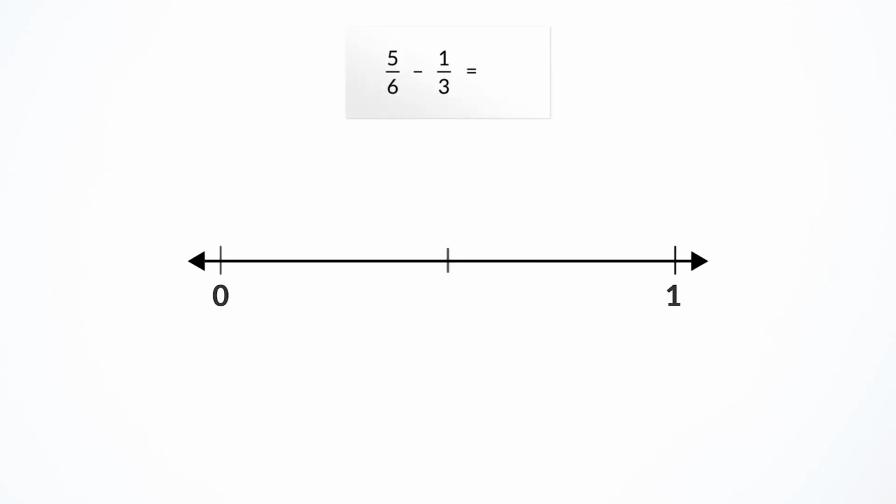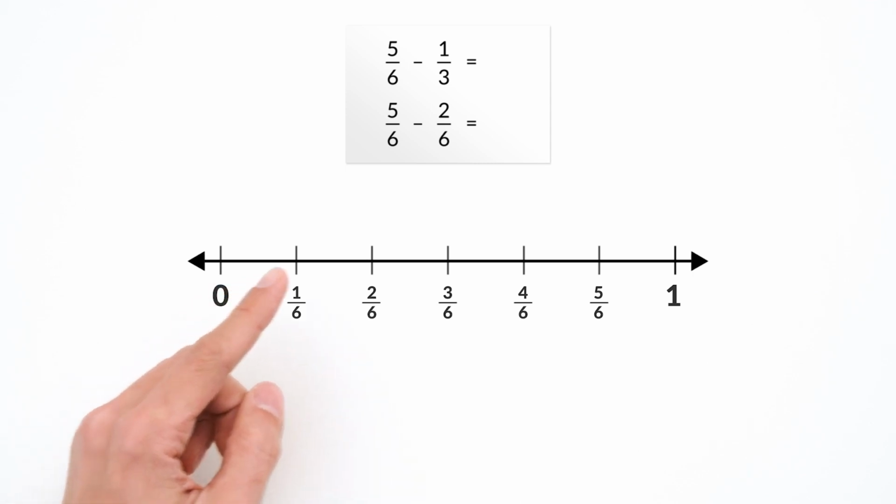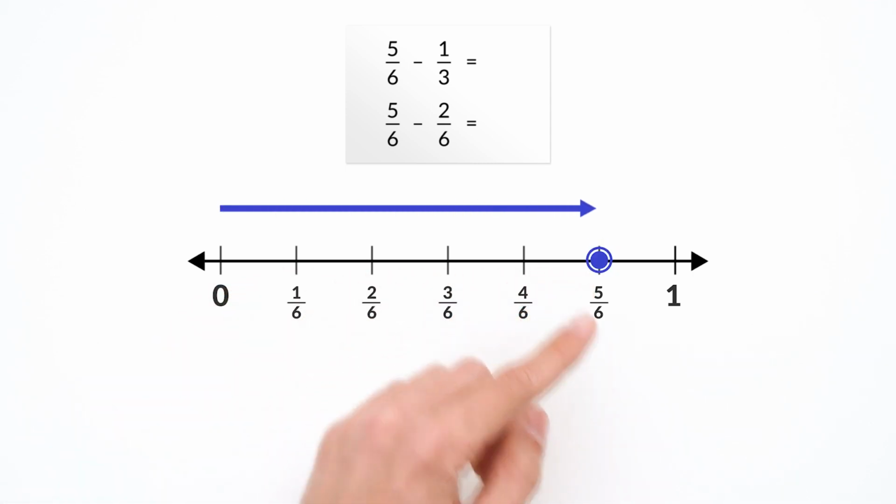For this problem, I'll use a number line that's partitioned into sixths, because that's a common denominator for thirds and sixths. And I can rewrite my problem as 5/6 minus 2/6, using sixths as my common denominator. To compare these two fractions, I'll first need to represent them as points on the number line. To locate the 5/6, I'll start at 0 and draw an arrow to 5/6, and I'll put a point right there.